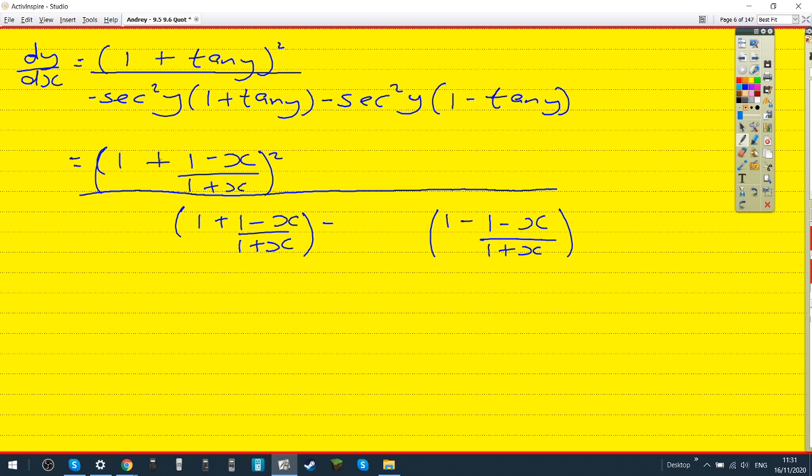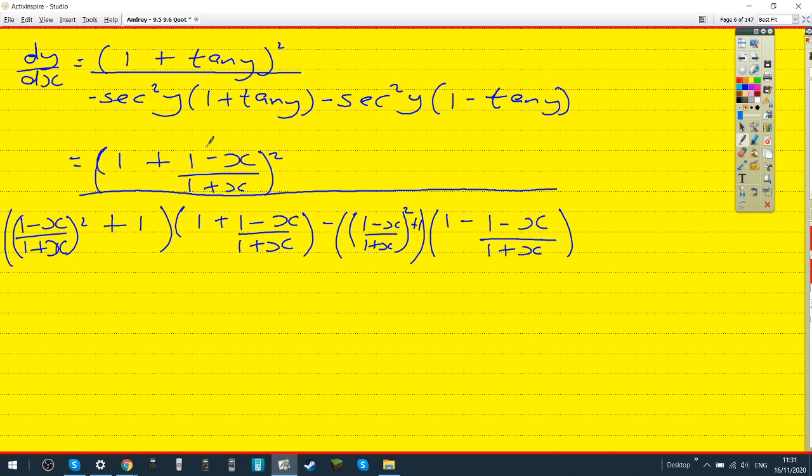So that was on the top: 1 minus x over 1 plus x, squared, plus 1. And then this one was the same thing. So wherever there is a sec squared y, we replace it with 1 minus x over 1 plus x, squared, plus 1.